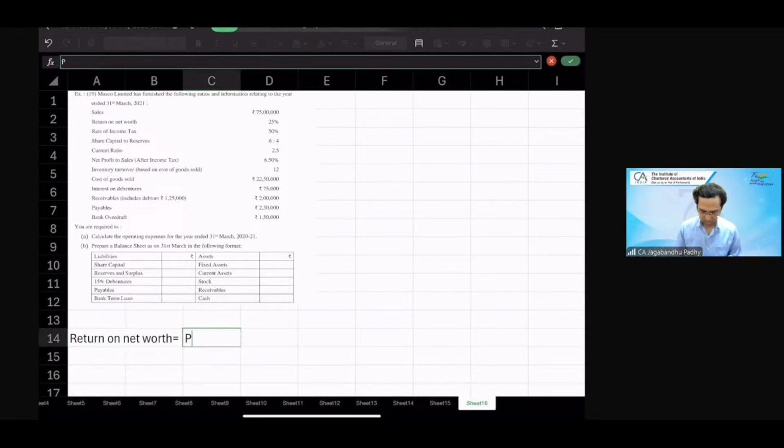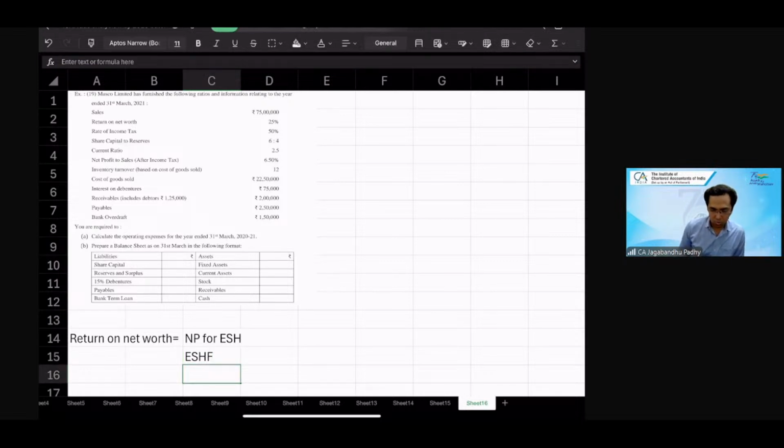Return on net worth is net profit for equity shareholders divided by equity shareholders' funds, correct? Now, return on net worth is given to be 25%, and we have sales given to us, but I don't have either of these figures, right? We don't know the net profit for equity shareholders, nor the equity shareholders' fund. So first we need to look at calculating the net profit.